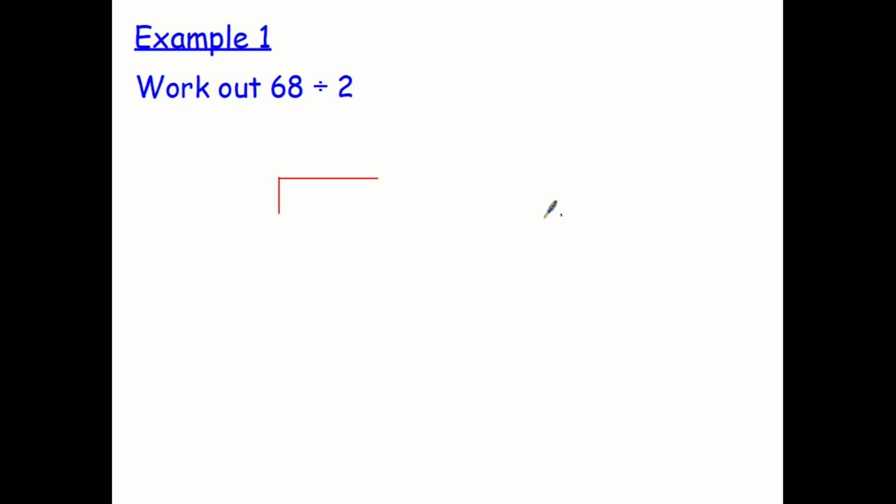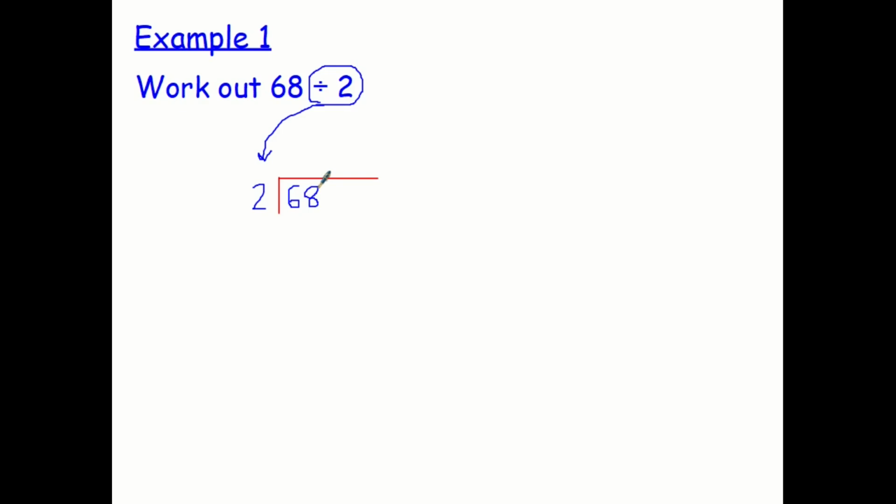So that's a bus stop, and whatever you're dividing by always goes on the outside of the bus stop. Okay, so that 2 goes there. And then the number on the left, the first number, goes inside the bus stop. 68.